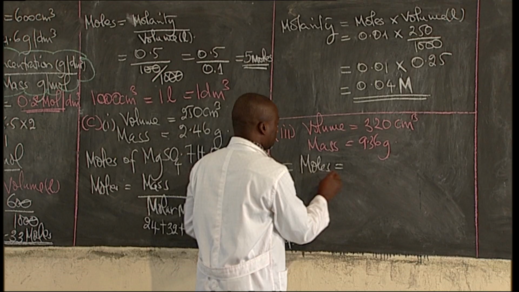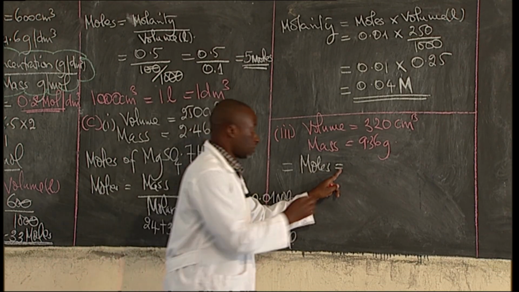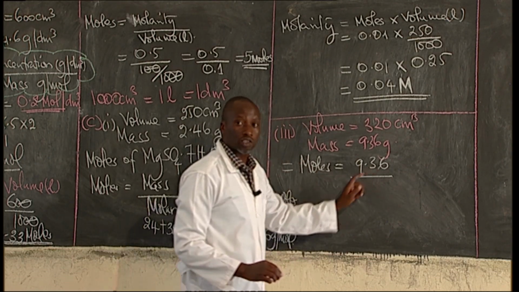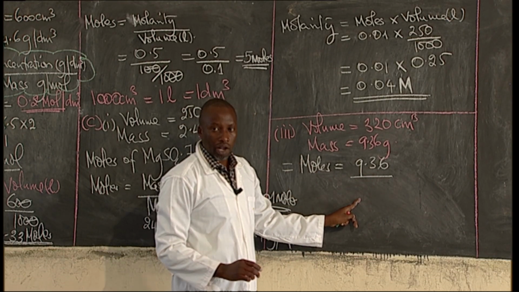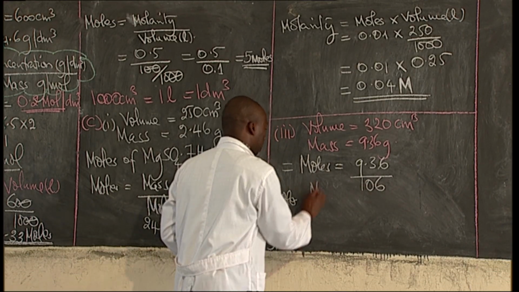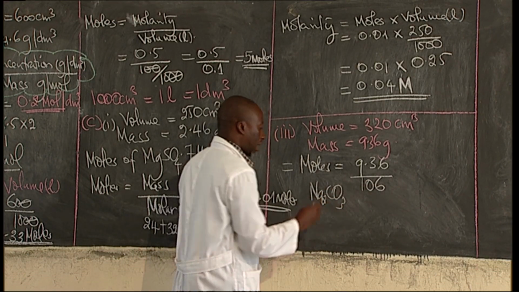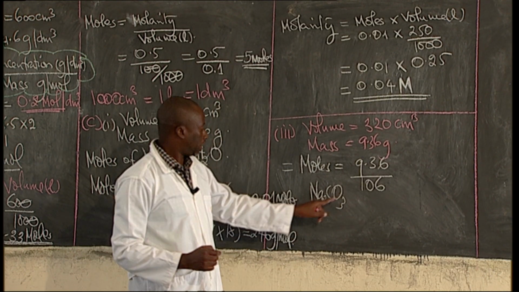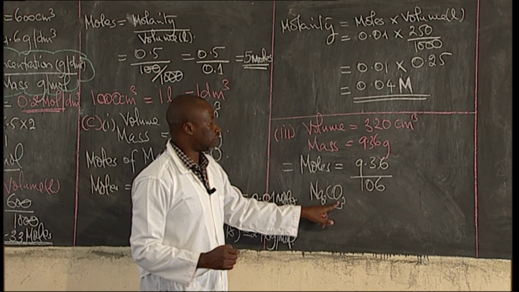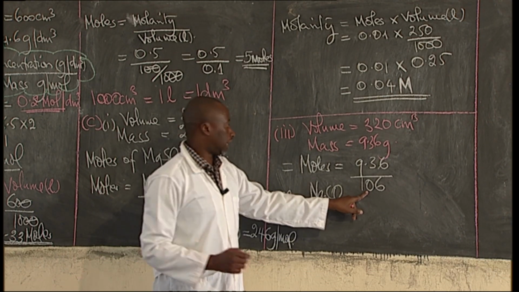The number of moles is equal to mass over molar mass. For sodium carbonate, 1 mole: 23 times 2 is 46, plus 12, plus 48, you'll get 106.